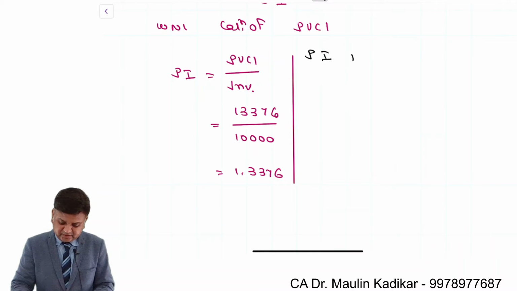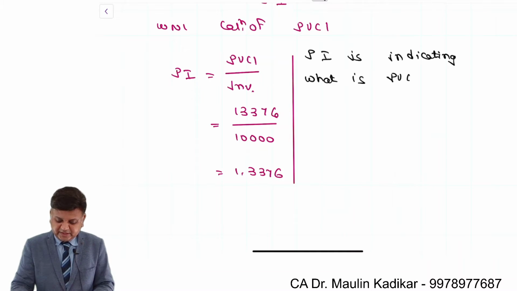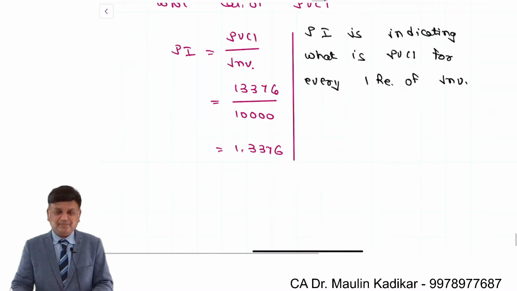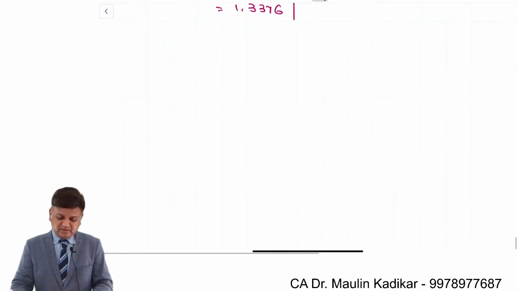Profitability index indicates the present value of cash inflow for every 1 rupee of investment.